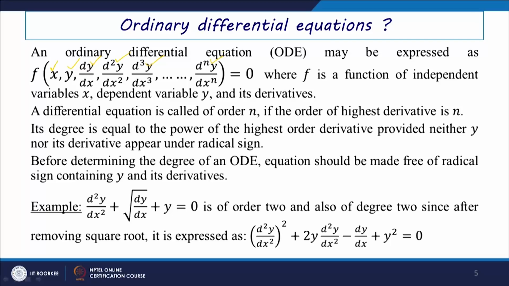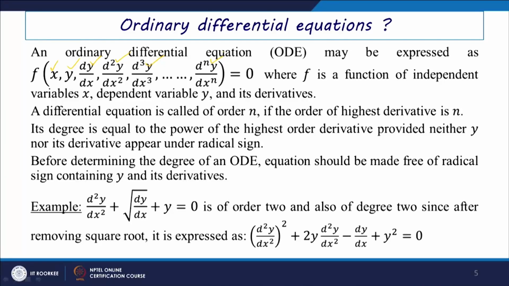If the order of the highest derivative is n, then the differential equation is of order n, and its degree is equal to the power of the highest order derivative, provided neither y nor its derivatives appear under a radical sign.